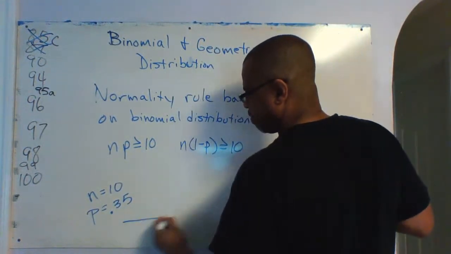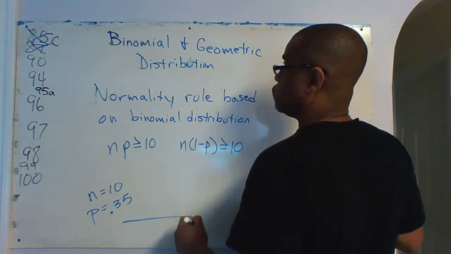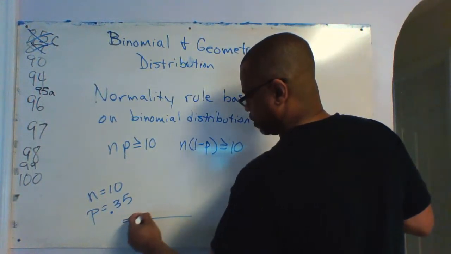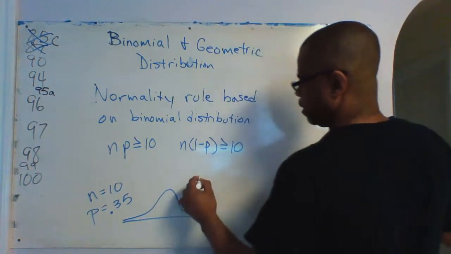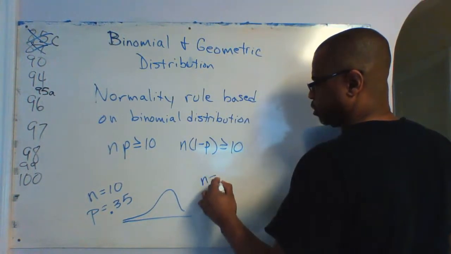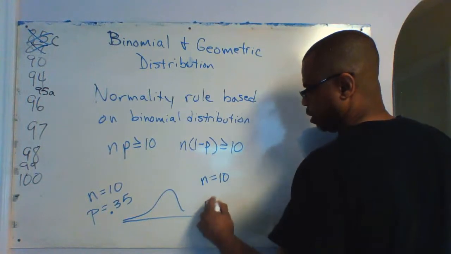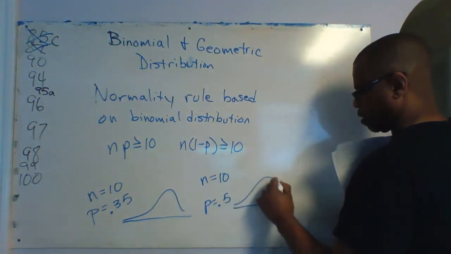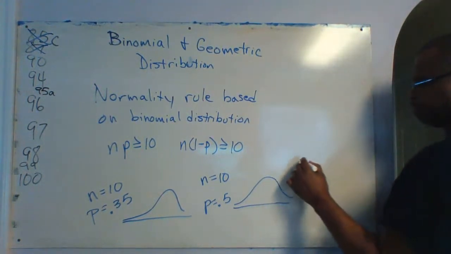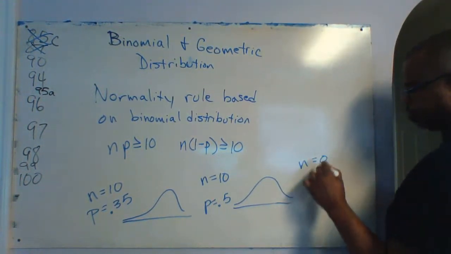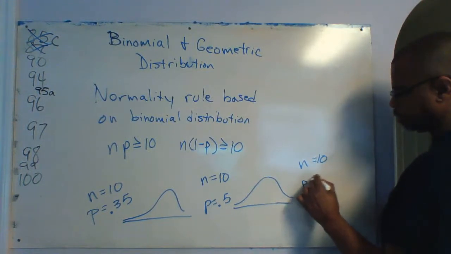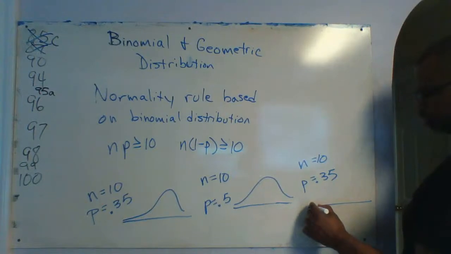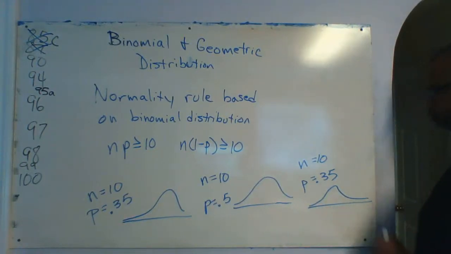If I graph it, I think it's going to look like this. If I say N is equal to 10 and P is equal to 0.5, it's going to be symmetric. And if I do N is equal to 10 and P is equal to 0.35, then that distribution is going to look like this.